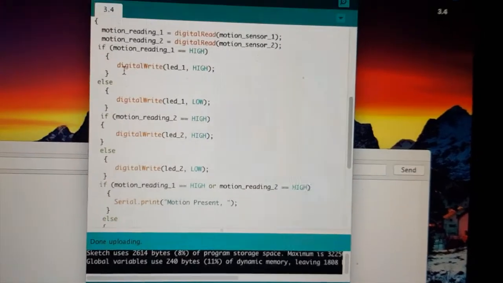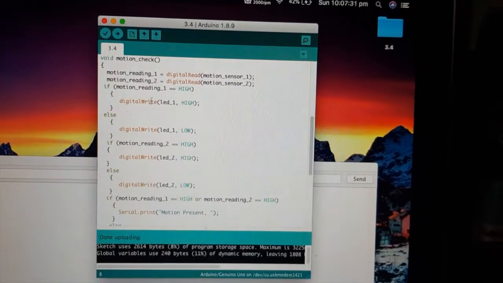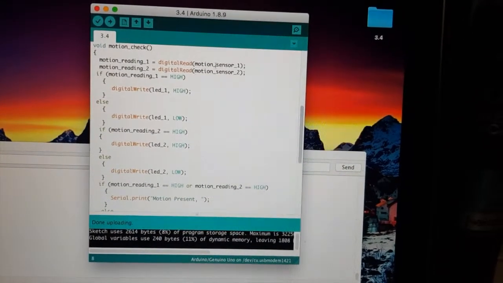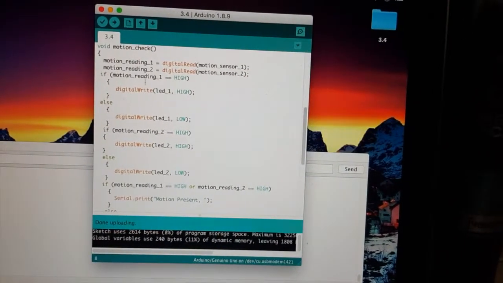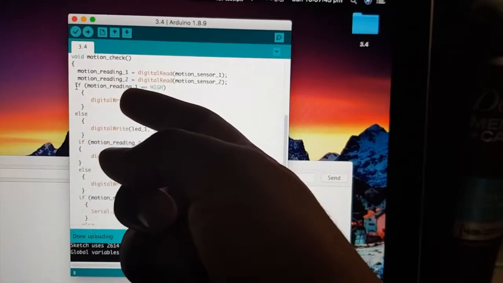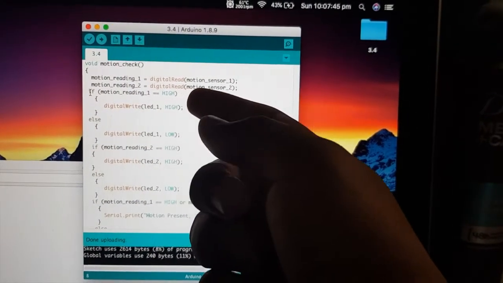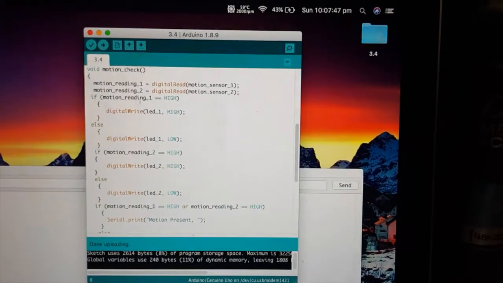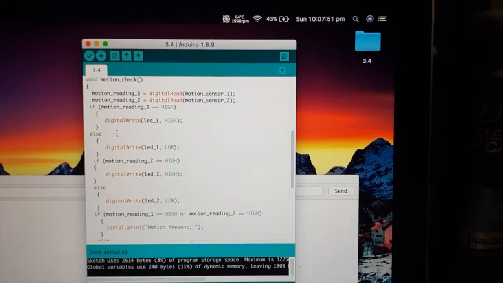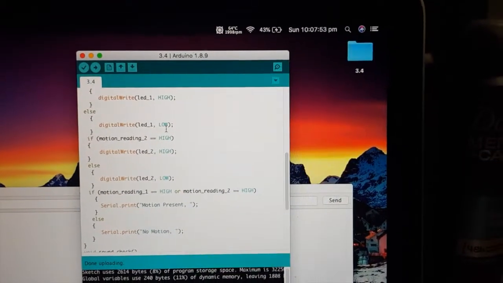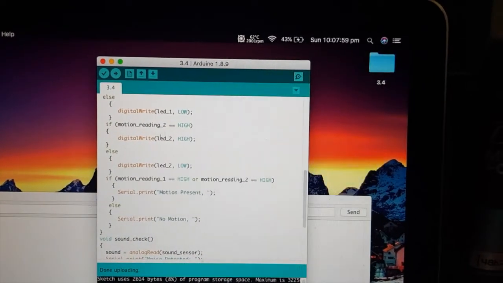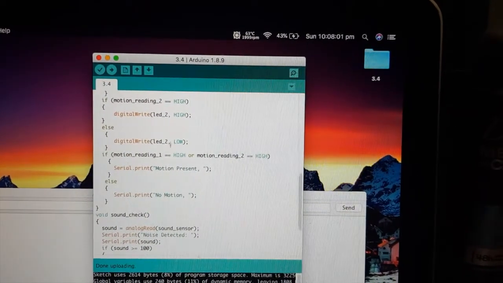In my motion check function, I'm reading the values from motion sensor 1 and motion sensor 2, and then I'm telling the system that if the motion reading is high, so it's comparing the value to HIGH, that means LED 1 should light up, so LED 1 is HIGH, or otherwise LED 1 should be LOW. The same goes with motion reading 2: high, so LED 2 is HIGH, otherwise it's LOW.